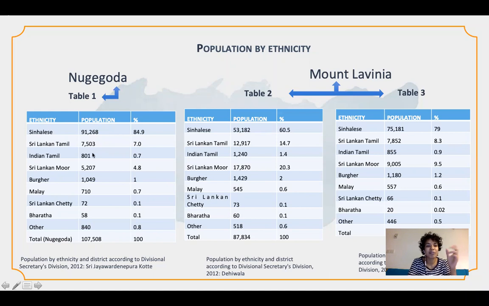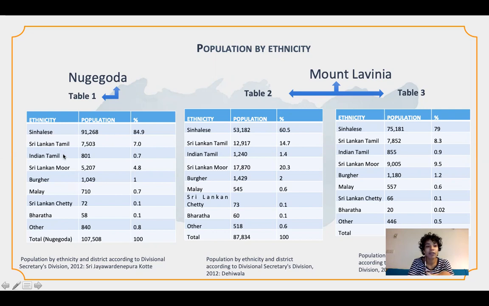So Nugegoda falls within Sri Wijegoonewardene Court, and we have a singular majority, and then we have a lot of different Tamil communities. So Sri Lankan Tamil, Indian Tamil, Sri Lankan Chetty, Bharata, these are all Tamil communities in Sri Lanka that are accepted within the census department as well.